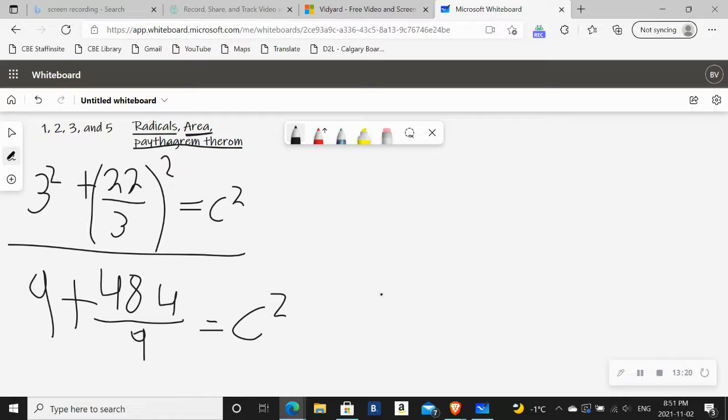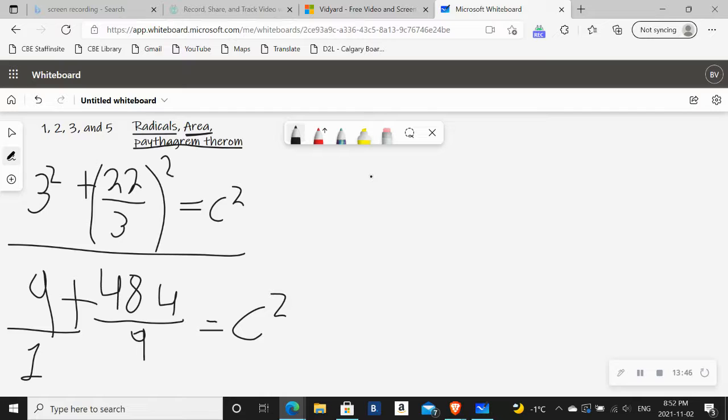And so what we need to do next is make 9 over here a fraction. And so what we do is we'd make it 9 over 1, and we'd multiply 9 by the top and bottom because you need to have the same common denominator to add the numerators together.